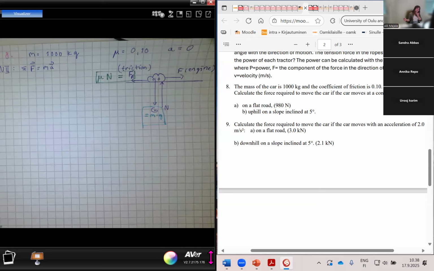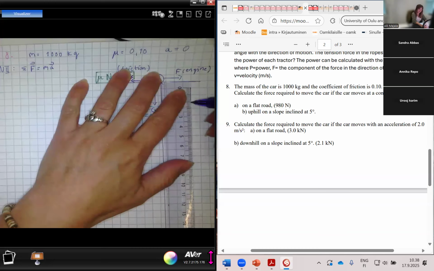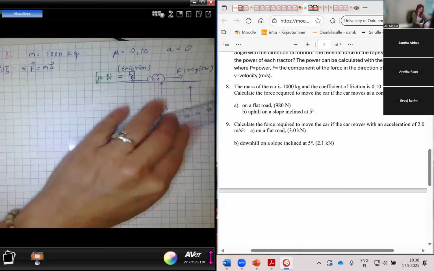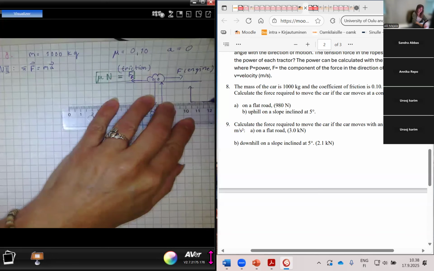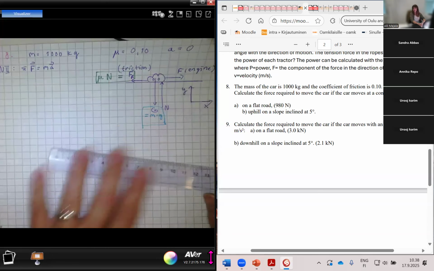Okay, so now, what do we do now? What we need here, of course, are the axes. So there's the y-axis and the x-axis. This is y and this is x.